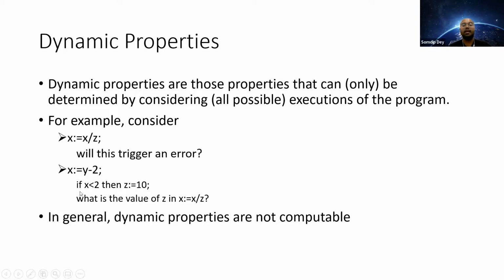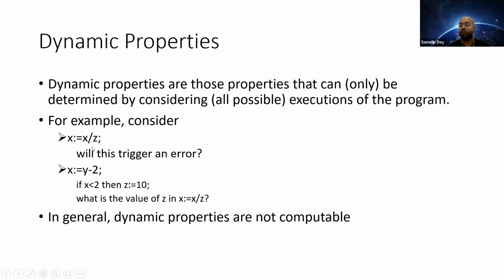So here, if x is less than 2, and z is equal to 10. So technically, given these values, the value of z in x equals x divided by z would be very different, right?